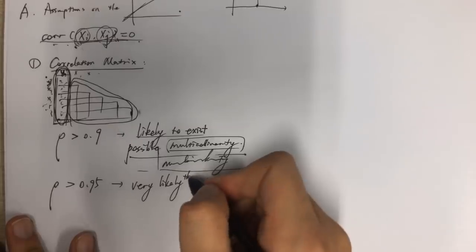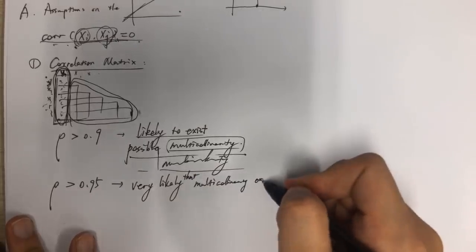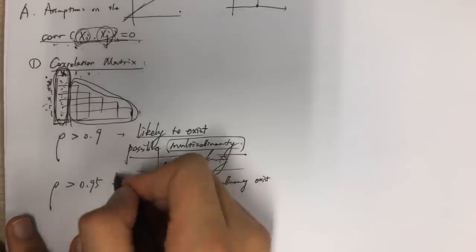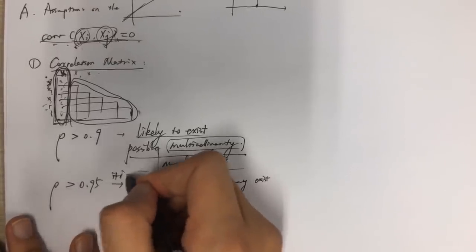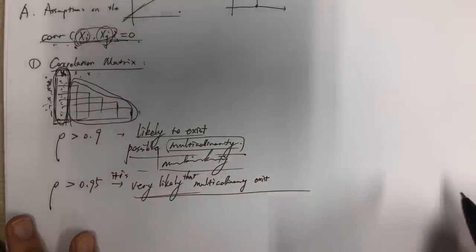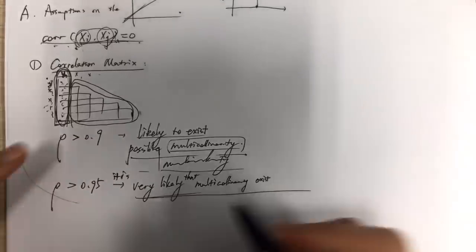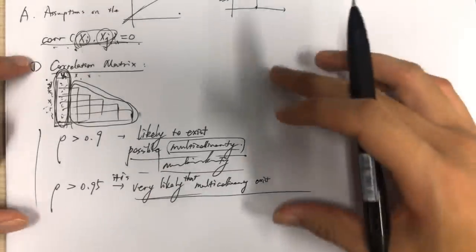Okay, very likely that the multicollinearity exists. So I'll make it a sentence. It is very likely that a multicollinearity exists. Okay, so that's all about the correlation matrix method.